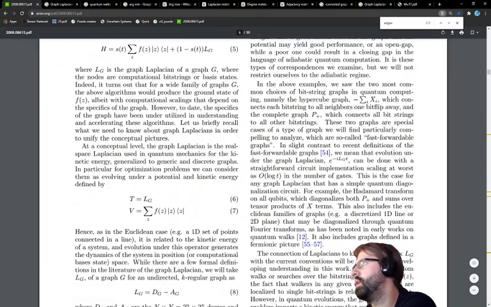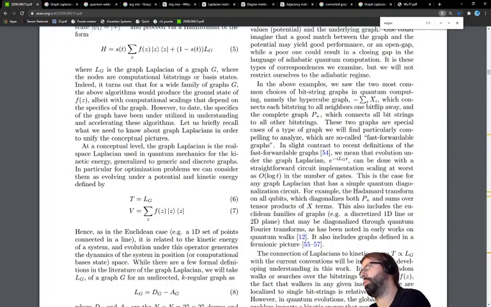Where was I? The hypercube graph, which connects each bit string to all neighbors one bit flip away, and the complete graph.